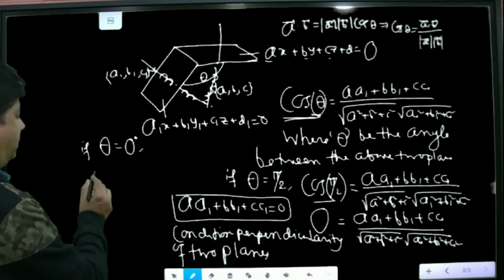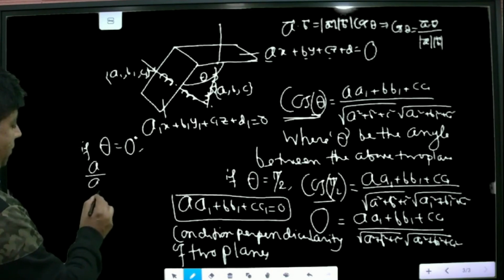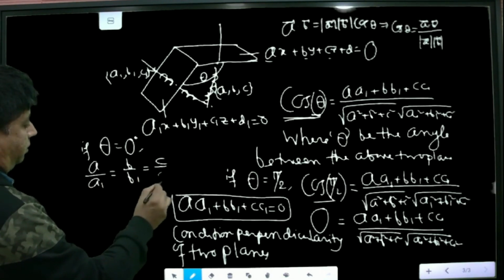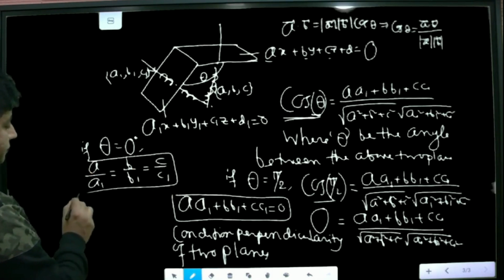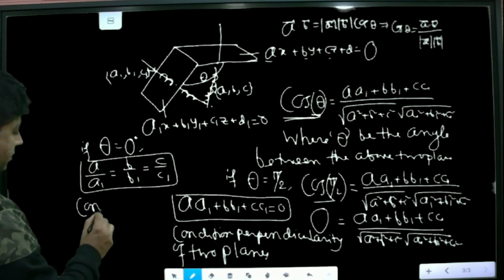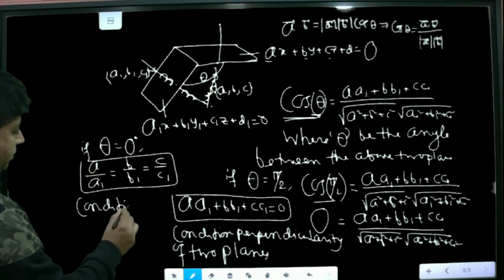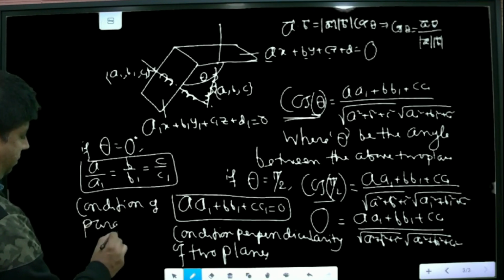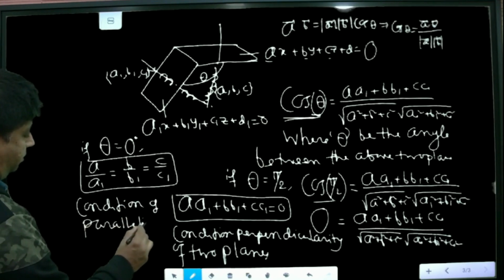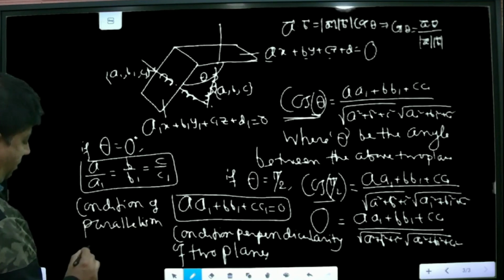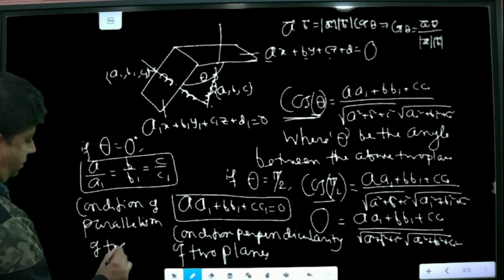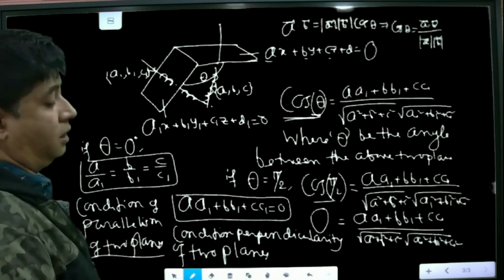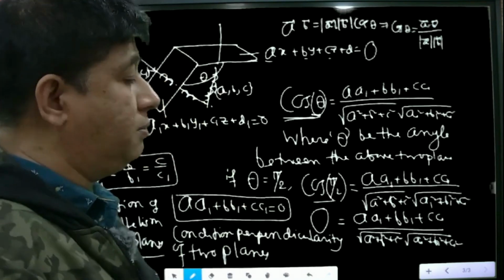You will get a by a1 equals b by b1 equals c by c1. This is the condition of parallelism of two planes.